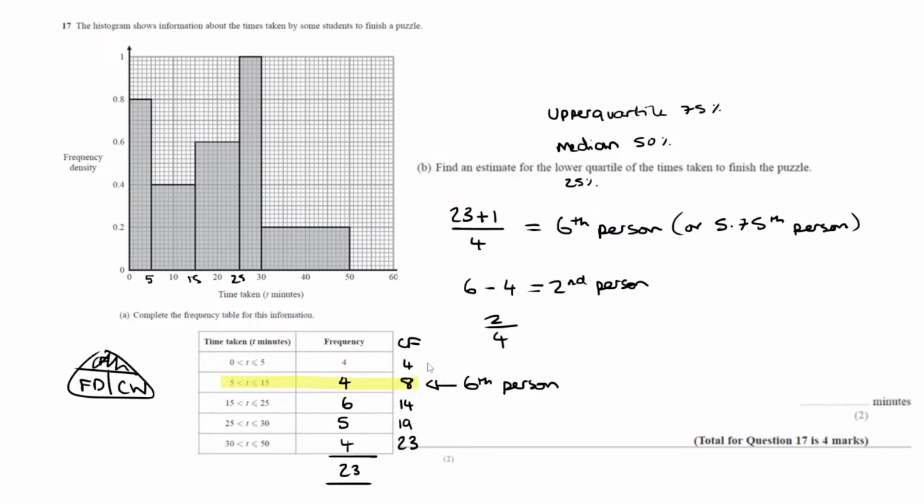So then I apply this fraction to my actual class width. Now the class width is 10, isn't it? Between 5 and 15 is 10. So do you see how that would give me 5, wouldn't it? Now I've converted it into minutes. Now that's not the answer though, it's not 5 minutes, because obviously 5 minutes would be in this row, wouldn't it? What it is, is 5 minutes into the row.